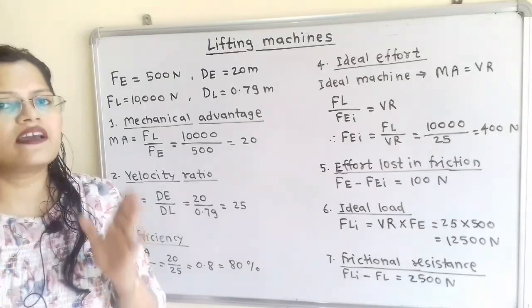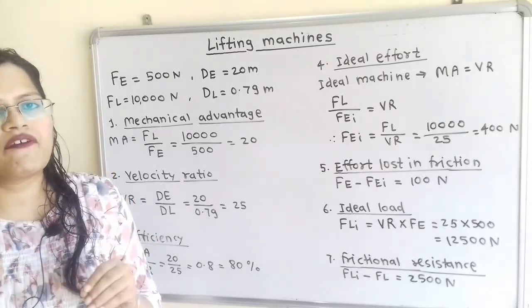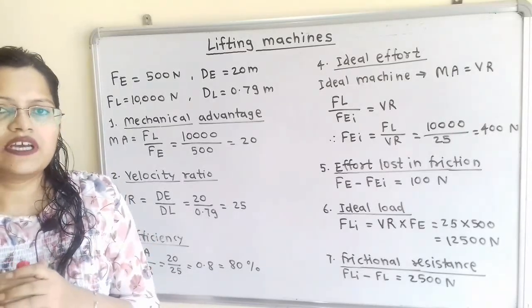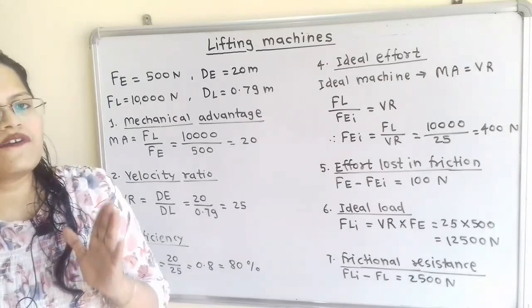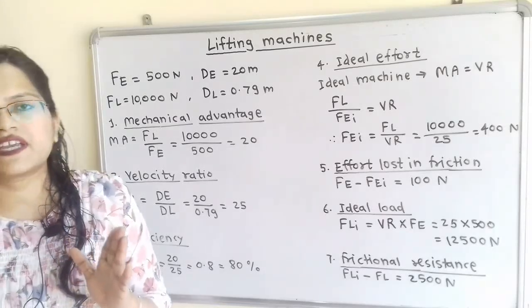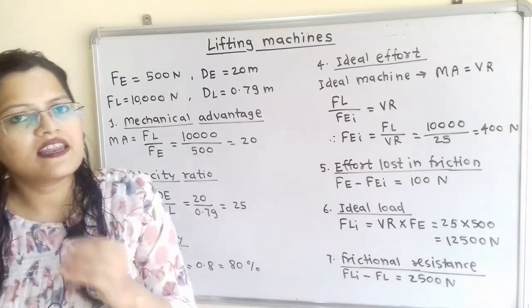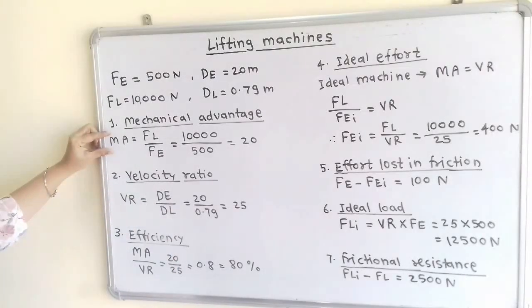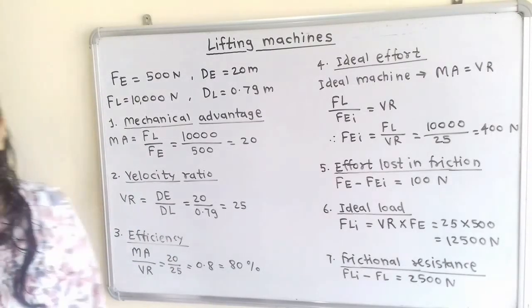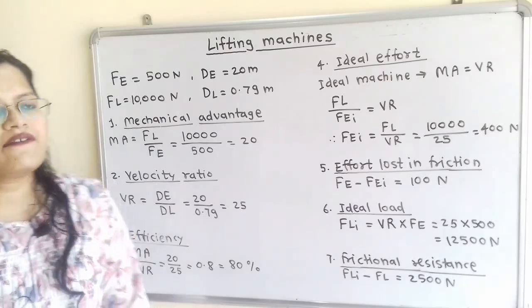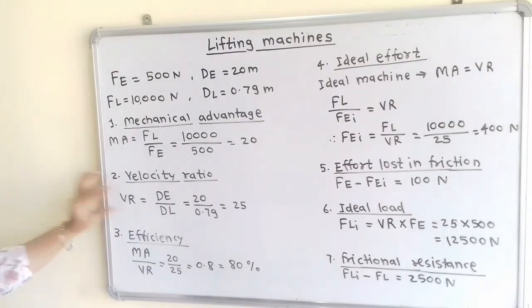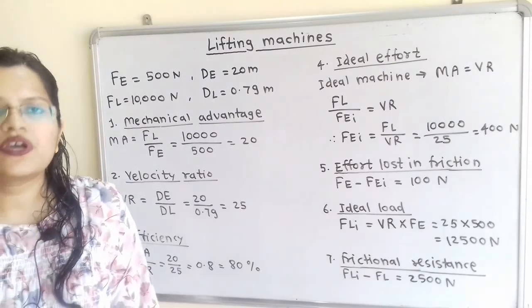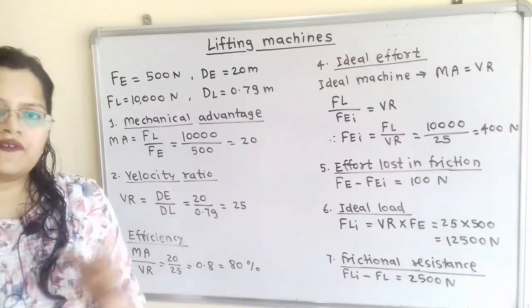Now next question, ideal effort. This ideal effort is applicable for the ideal machine. Now what is the specification of an ideal lifting machine? In an ideal lifting machine, mechanical advantage is equal to velocity ratio. And why is mechanical advantage equal to velocity ratio? Because there is no friction.